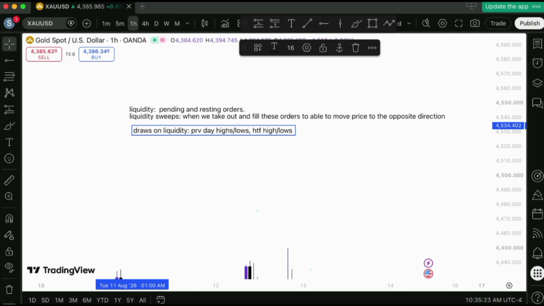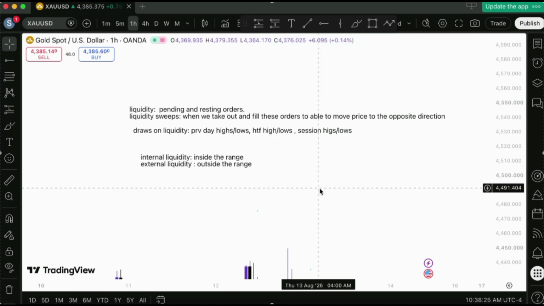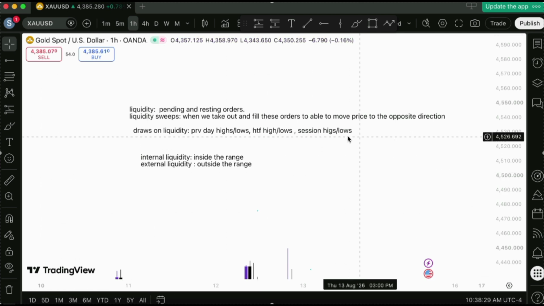You can say 1 hour also, but yeah. And session highs, lows. Yeah, that's it. So now you know what are draws on liquidity, where liquidity lies and all.